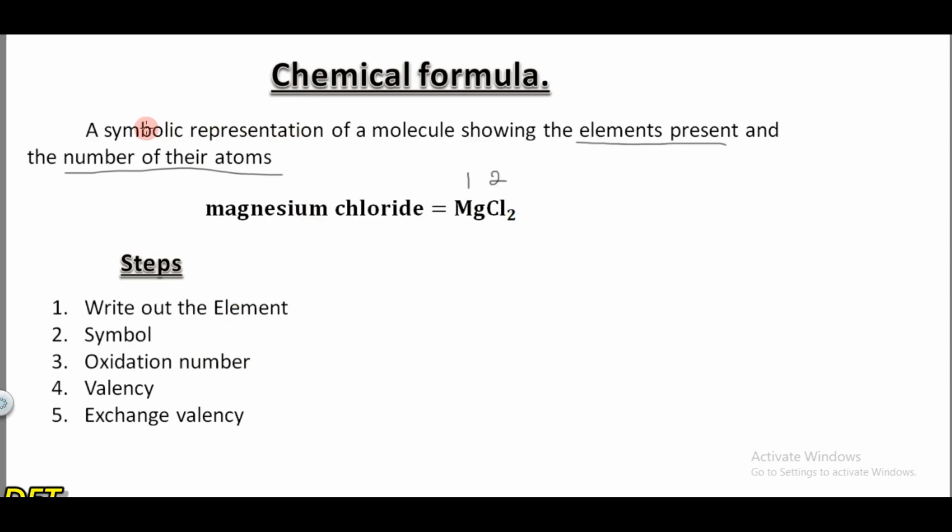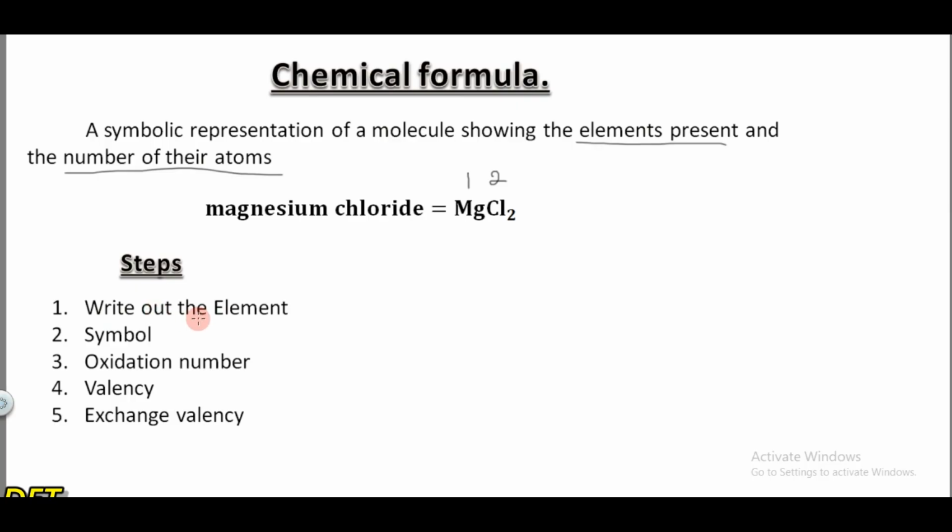So again, a chemical formula is a symbolic representation of a molecule showing the elements present and the number of the atoms. So, how do we write chemical formulas? There are 5 steps in writing chemical formula. The 5 steps are: 1.